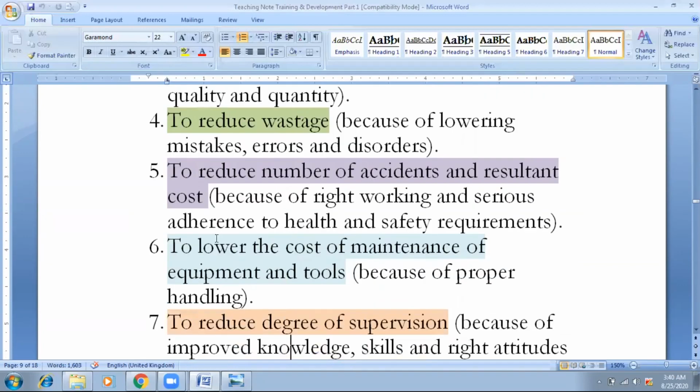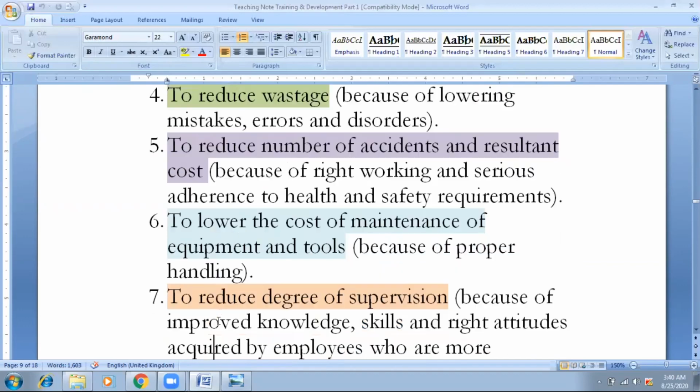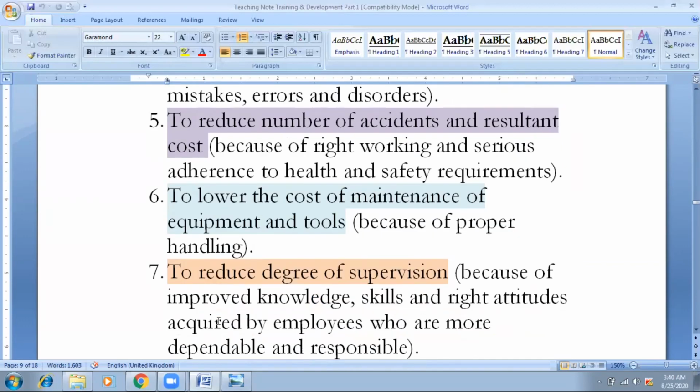The sixth advantage is to lower the cost of maintenance of equipment and tools because of proper handling. Then to reduce the degree of supervision, another advantage, because of improved knowledge, skills and right attitudes acquired by employees who are more dependable and responsible.